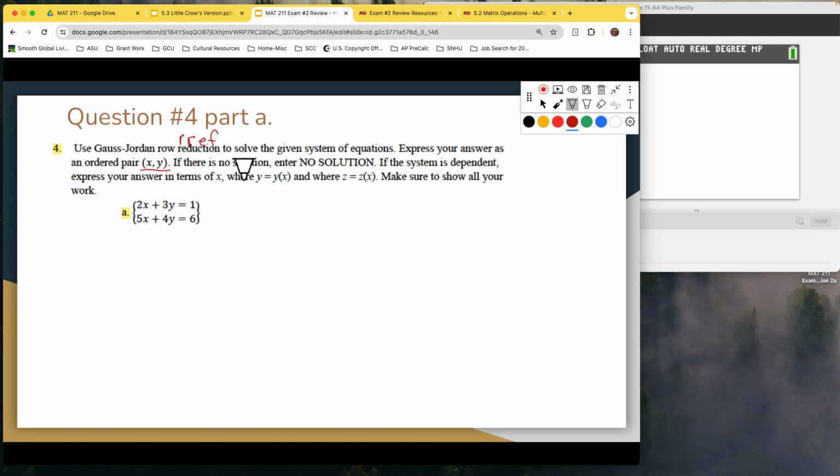an augmented matrix. So we first have to set up the augmented matrix, which is going to be the coefficients and these constants on the other side, the answers, I guess. So it's a matrix that is 2, 3, and 1, 5, 4, and 6.